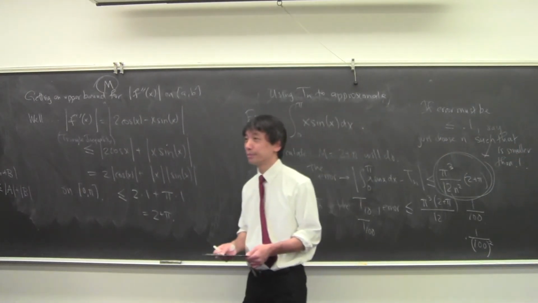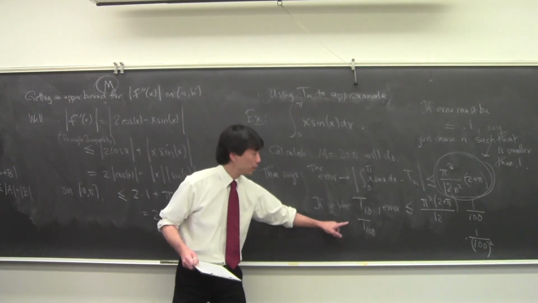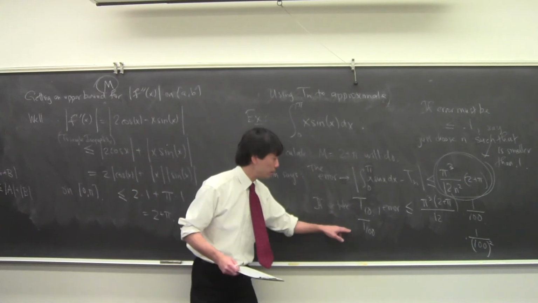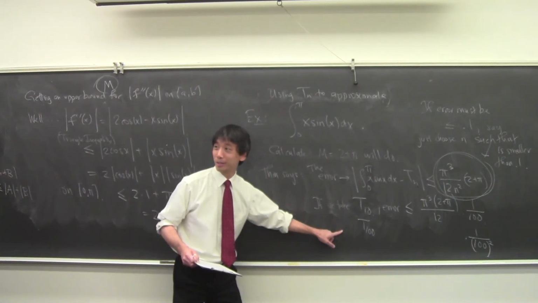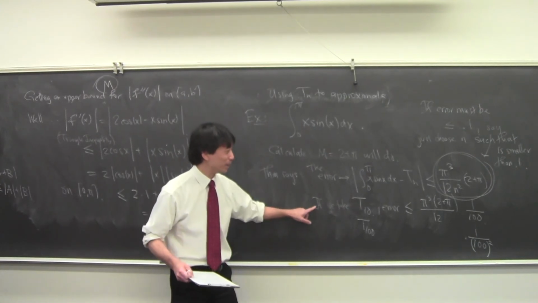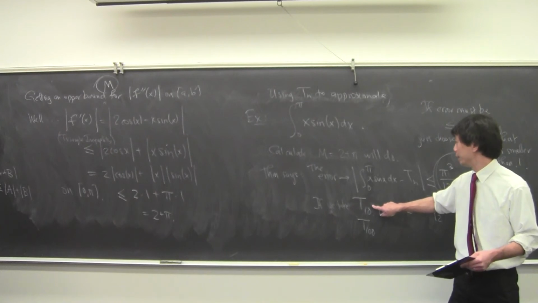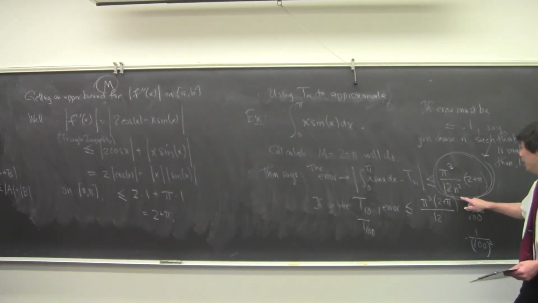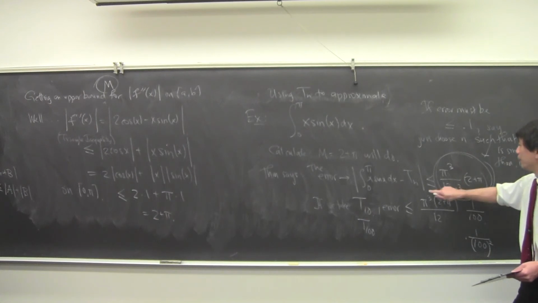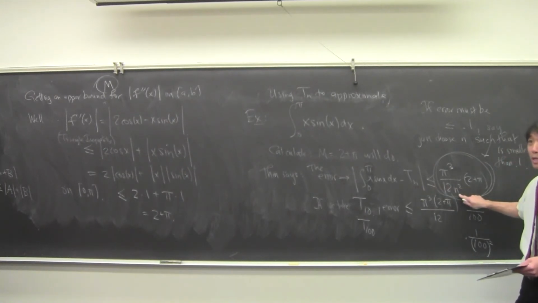Can you explain the last line? This last line here? It is the same line. If we take the 10th approximation, then the error is smaller than this thing right here, where n is the approximation that you take.